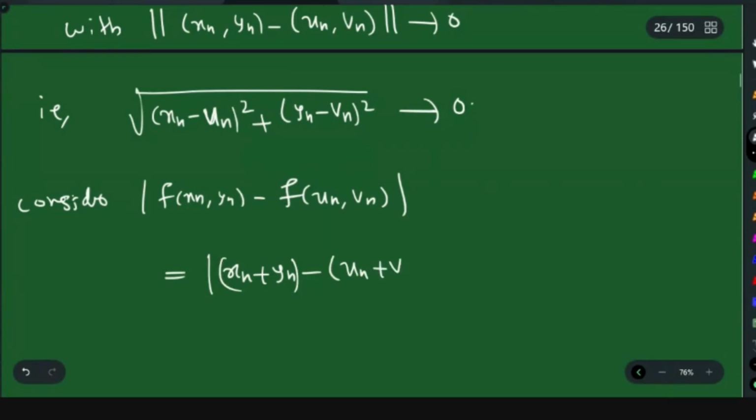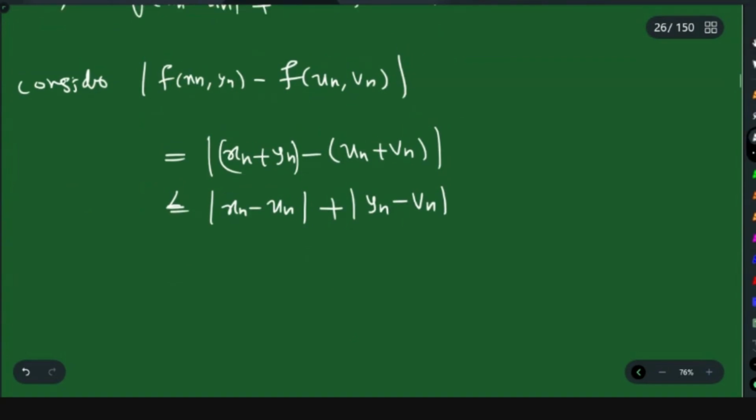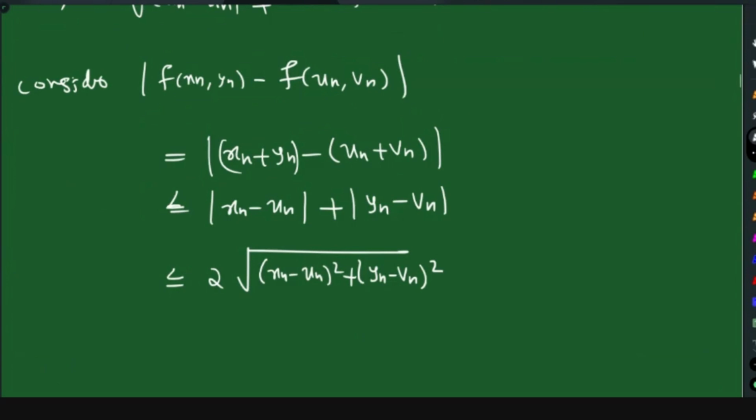You can combine this, and it is less than or equal to modulus of xn minus un plus modulus of yn minus vn. Each one is less than or equal to the square root, so this is less than or equal to 2 times the square root of xn minus un squared plus yn minus vn squared.